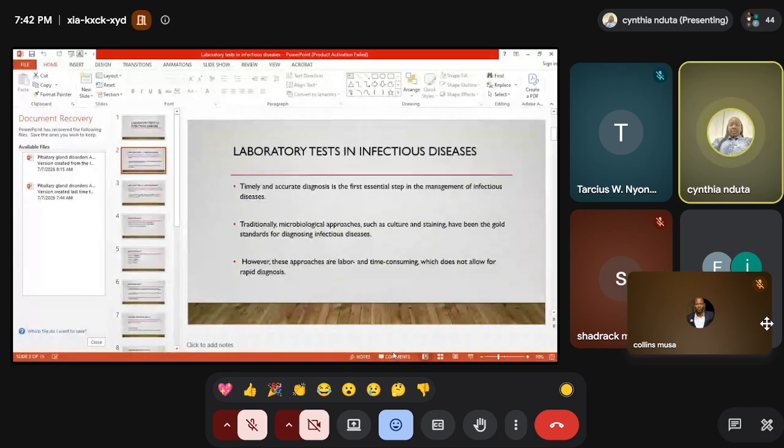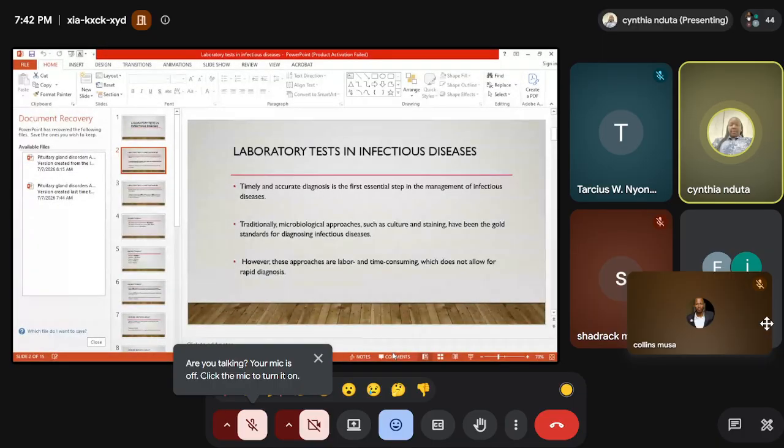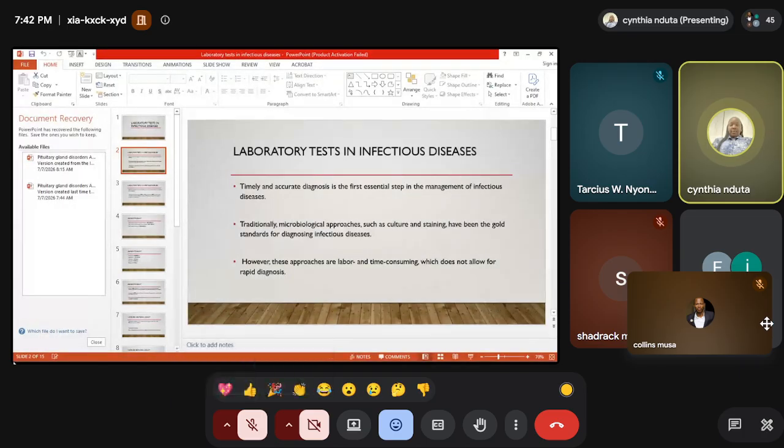So we need our laboratory tests to ensure that we don't misdiagnose an infectious disease. Remember, the more the delay of starting treatment, the more the morbidity and the more the chances of mortality, and therefore we want to start as early as we can.